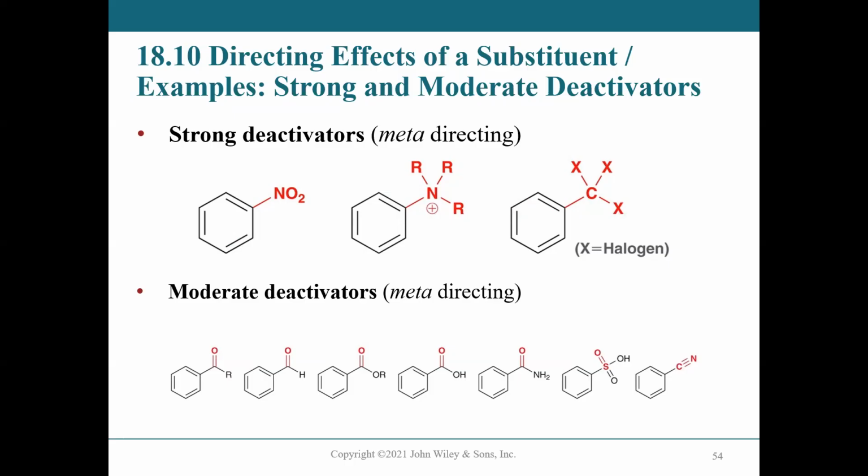And they talk about moderate deactivators, which are groups that exhibit a pi bond to an electronegative atom, where the pi bond is conjugated with the aromatic ring, and we can see some examples of that.